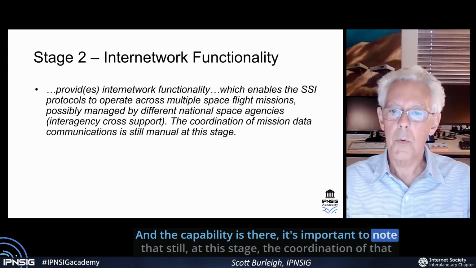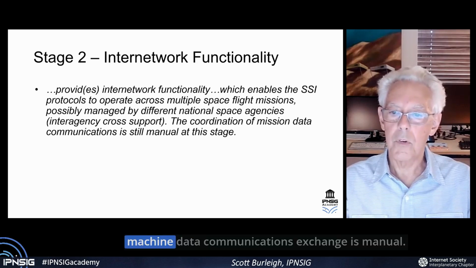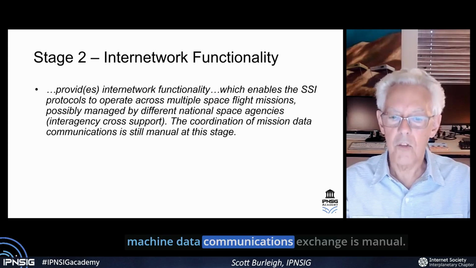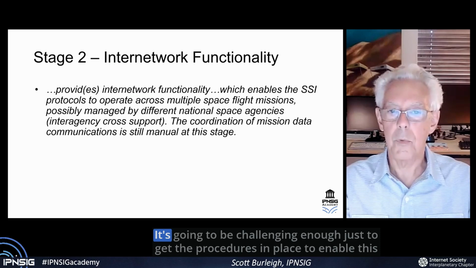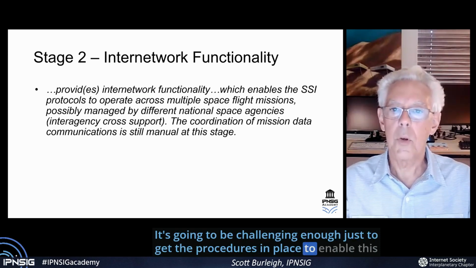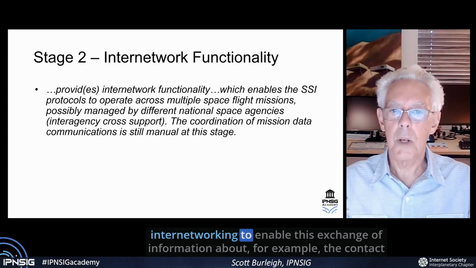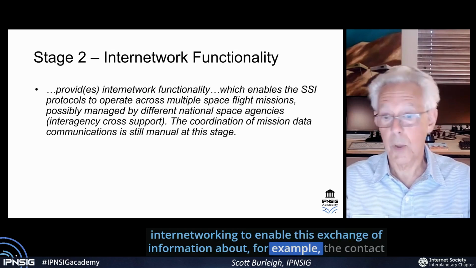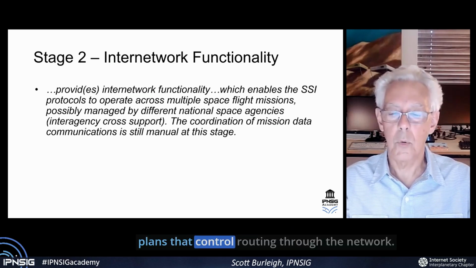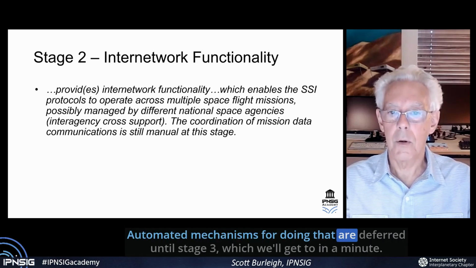It's important to note that still at this stage, the coordination of that mission data communications exchange is manual. It's going to be challenging enough just to get the procedures in place to enable this inter-networking, to enable this exchange of information about, for example, the contact plans that control routing through the network. Automated mechanisms for doing that are deferred until stage 3, which we'll get to in a minute.